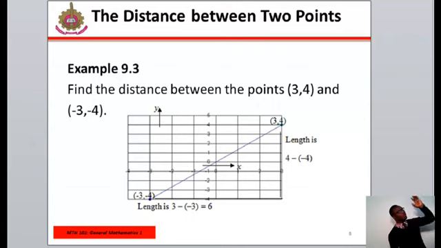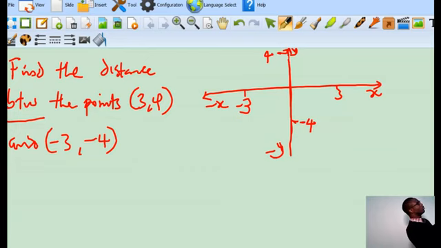It means if you can locate two or more points on the coordinate system, you can find the distance between them, and you can also find the midpoint between them. Now, for instance, looking at this example, let's solve it. Find the distance between the points (3, 4) and (-3, -4).